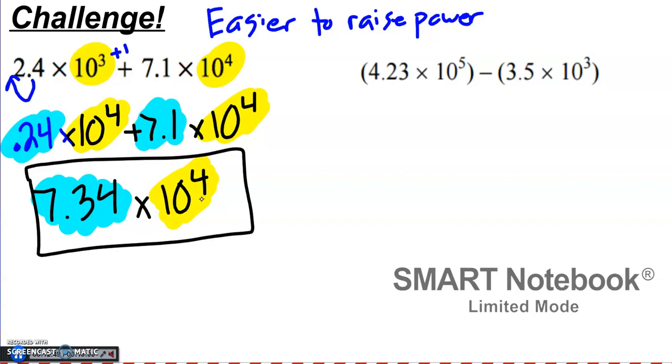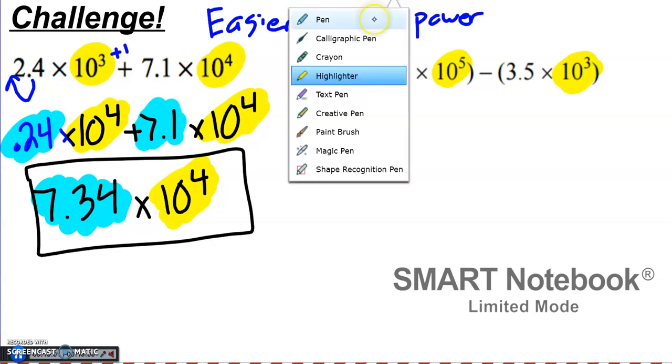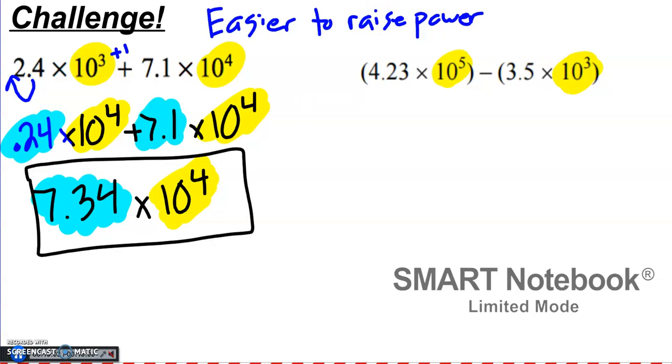Let's now go over to the right-hand side, a subtraction problem. We have 4.23 times 10 to the fifth minus 3.5 times 10 to the third. Again, we don't have the same exponent, but it's easier for us to raise the power of 3 to the power of 5. So if I add 2 in the exponent, I'm increasing by 2 powers of 10.